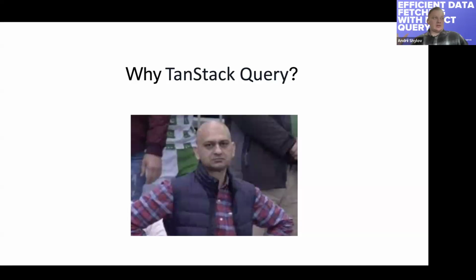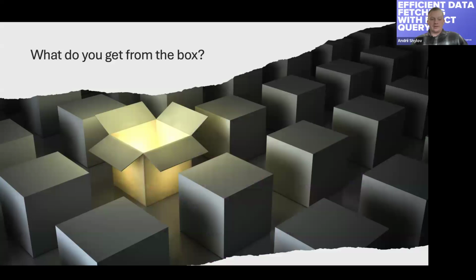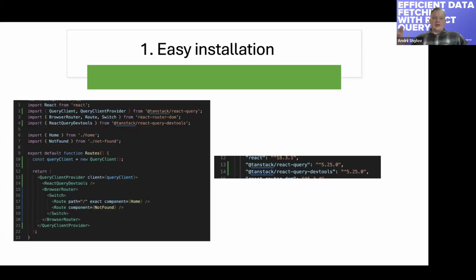Now let's talk especially about TanStack Query, why we need it, and what we get out of the box. First, it's very simple to install. I just need to add one thing to the package.json: React Query. Additionally, I can install React Query DevTools, and it is very helpful, so we'll discuss it later. But as for now, let it be like that.